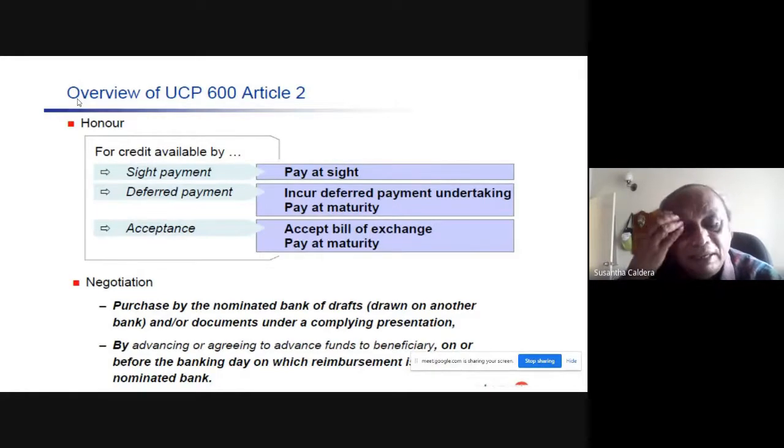Negotiation means giving value. Purchased by the nominated bank of drafts drawn on another bank and documents under a compliant presentation. That is negotiation.